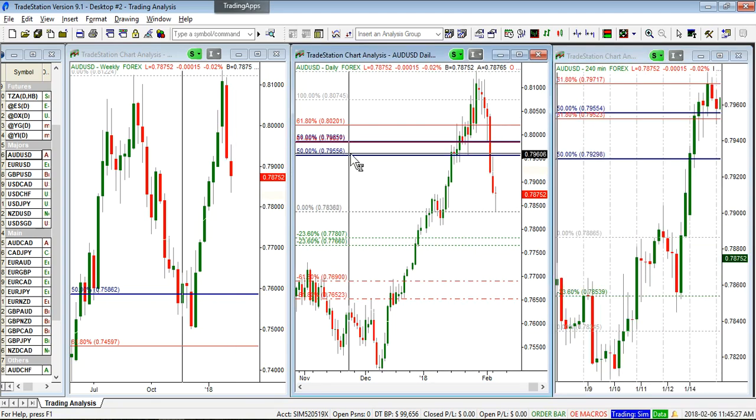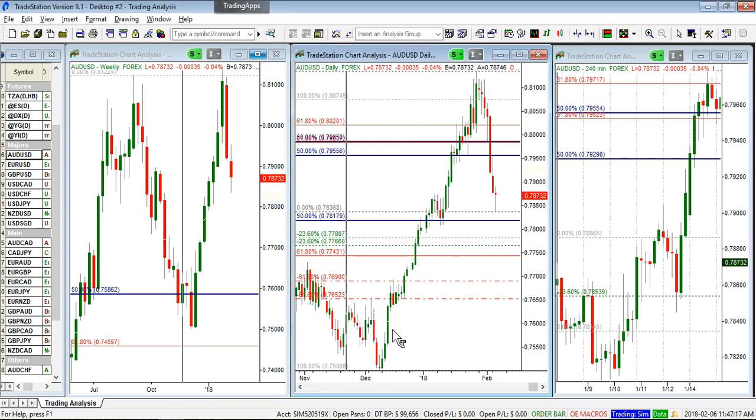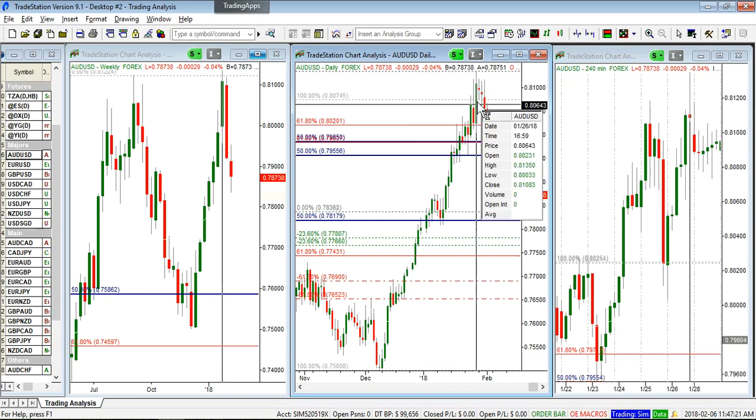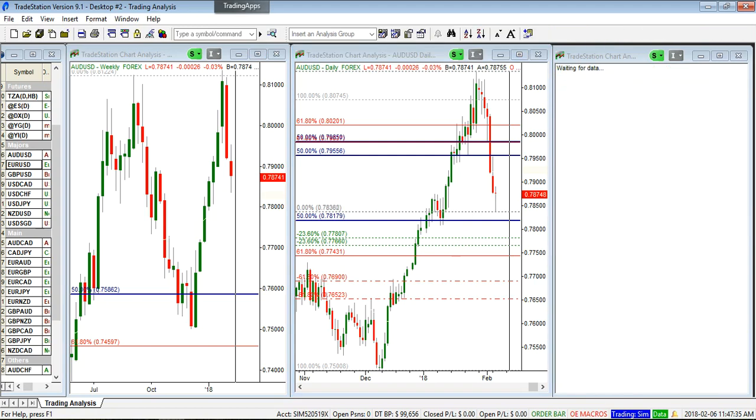So if price gets into this level, 79.55 or 85, then that would be a new short opportunity. Note also that the 78.17, which is all the way halfway back from lows to highs, has not come into play yet. Okay, so that's a level that we will add and we will watch going forward.